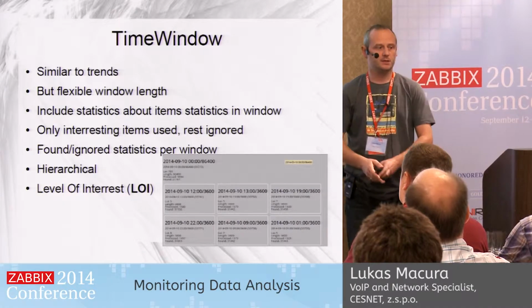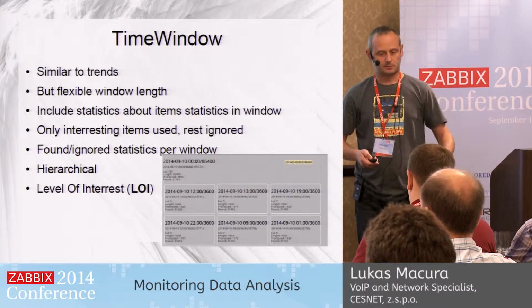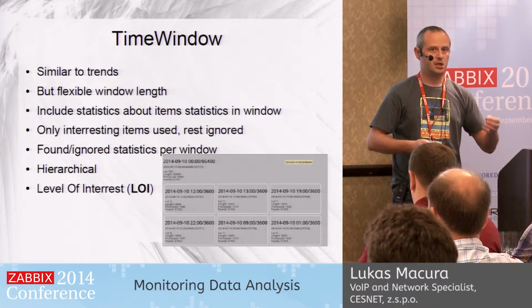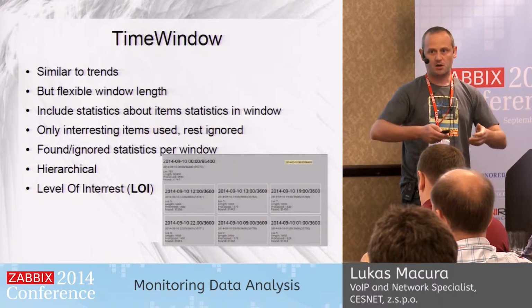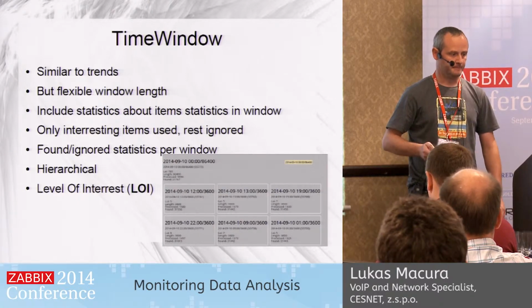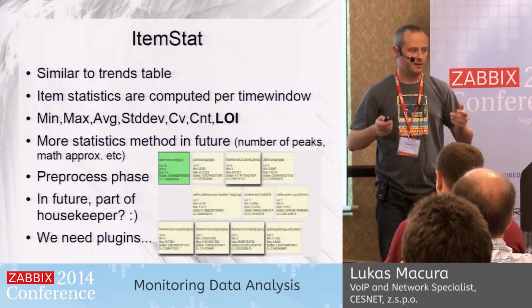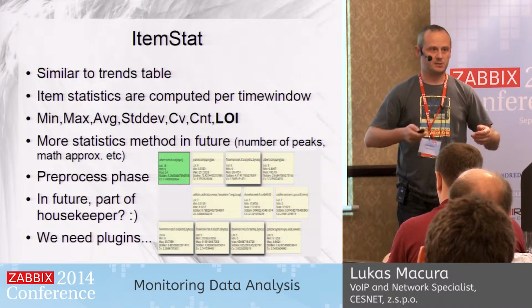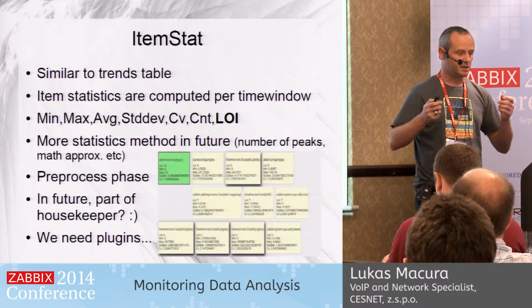What's probably the most interesting feature is the level of interest. This is an integer computed based on statistics and some other things, and each time window is stamped with a level of interest. In fact, there is a lot of data in history, and you cannot analyze all of it. You must do some pre-processing. For pre-processing, there is a table item_stat, with statistics not about time windows but about the history of a given item in a given time.